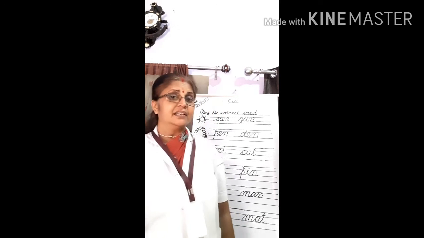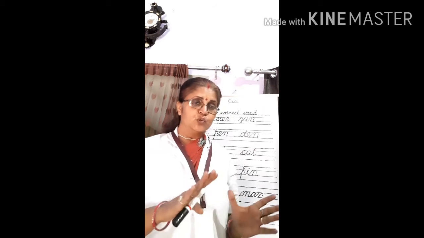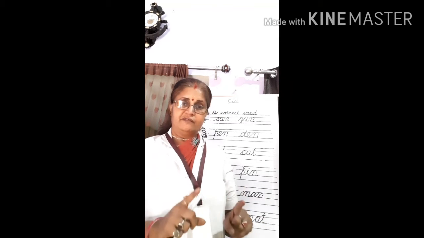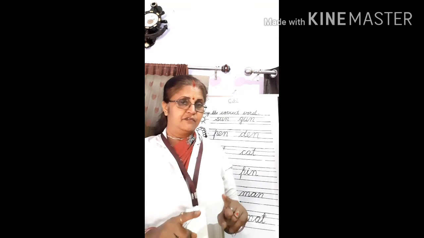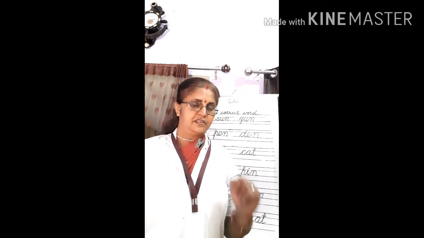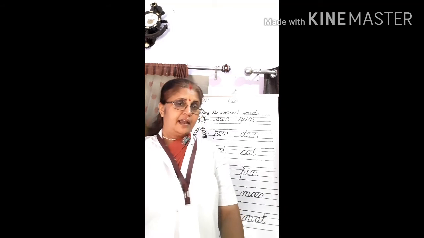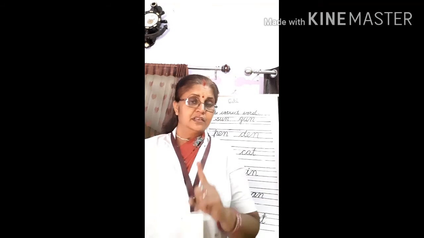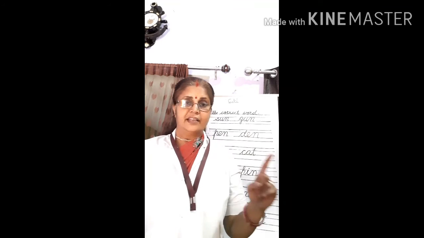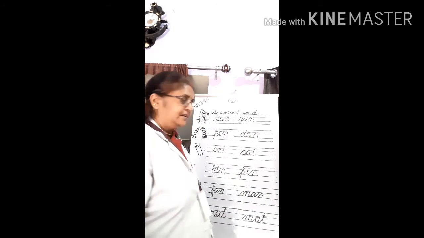You have to identify the pictures and their name also, and then you ring the correct word. Which one is the correct spelling of that picture? And then afterwards you have to make a circle around that word. Okay. So come to the point.